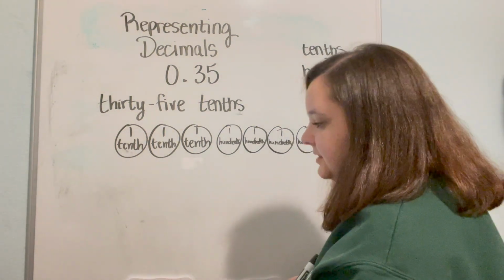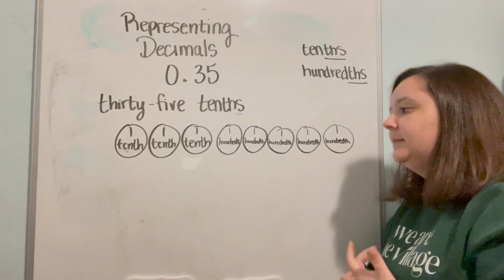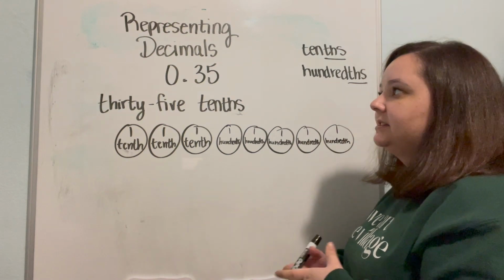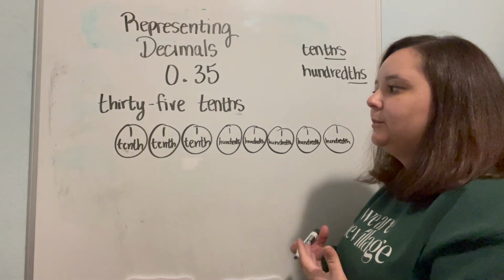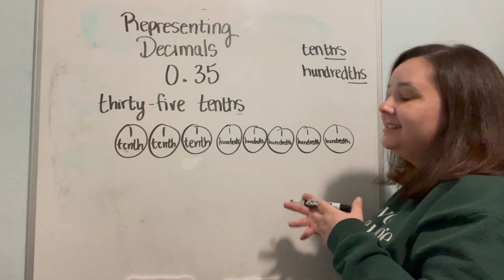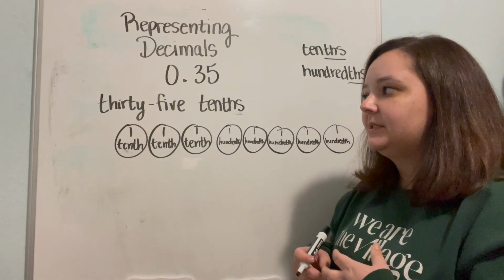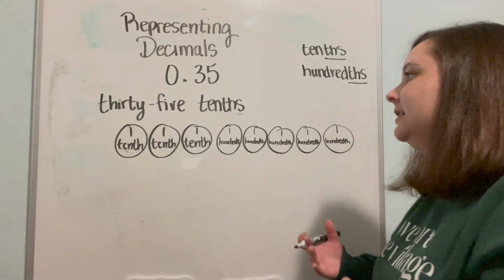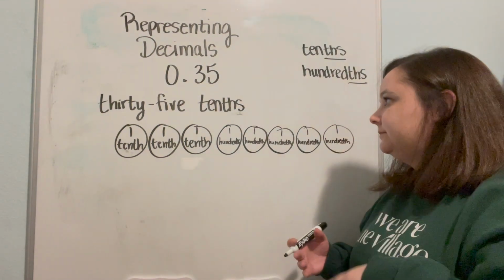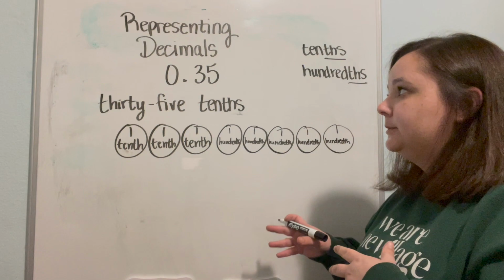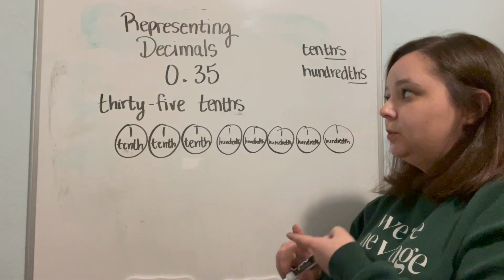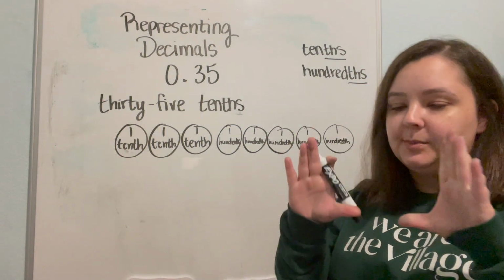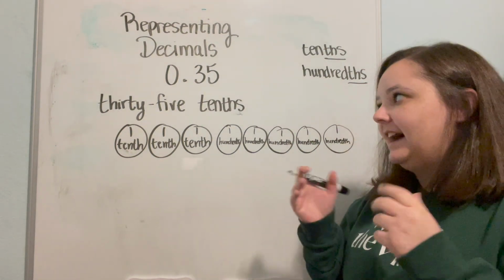Another way that you can do this is with base 10 blocks. The thing about base 10 blocks is it gets a little bit confusing when it comes to representing decimals because we use the same blocks that we represent tenths and hundredths with that we do for representing ones and tens in regular place value. So when we're talking about decimals, we're representing the ones place as our whole, which is our hundreds block that we normally use, or our flat.